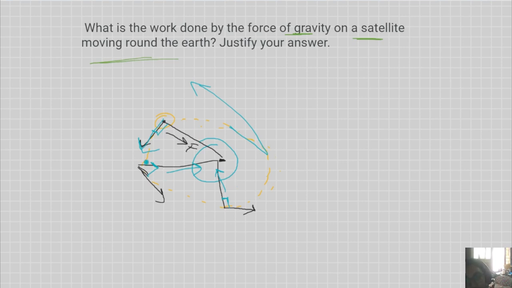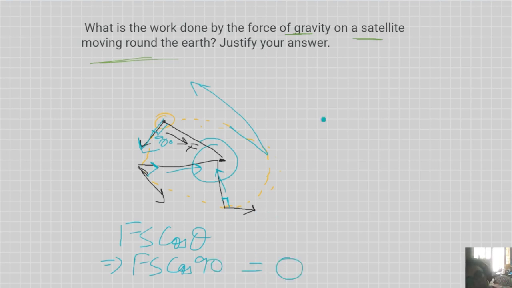So here we can see that at every point the angle between the force and the displacement is 90 degrees. So again, by that logic, W = Fs cos θ, so we get Fs cos 90, which is again equal to 0.